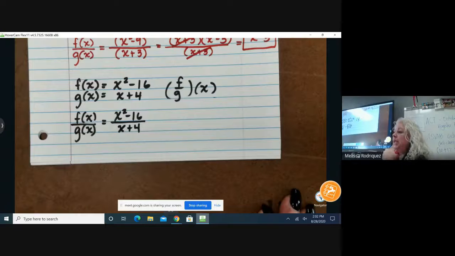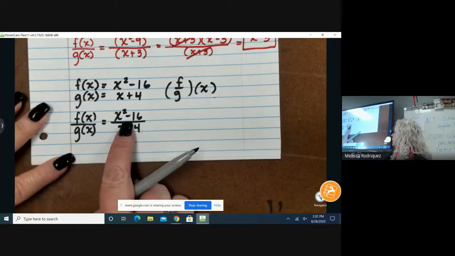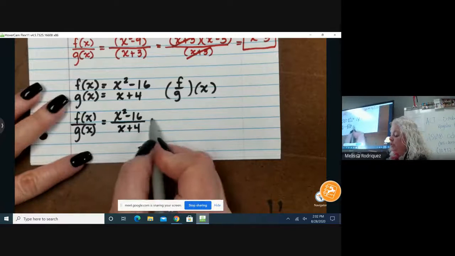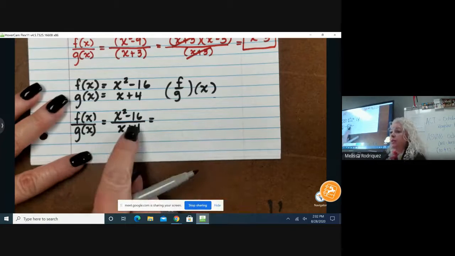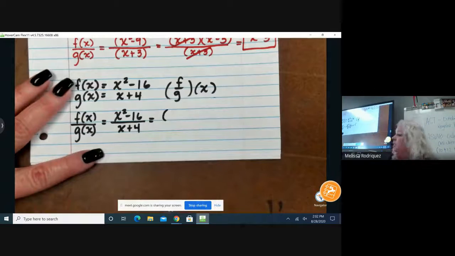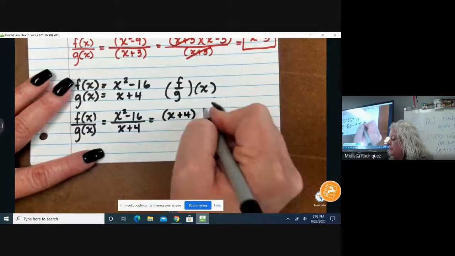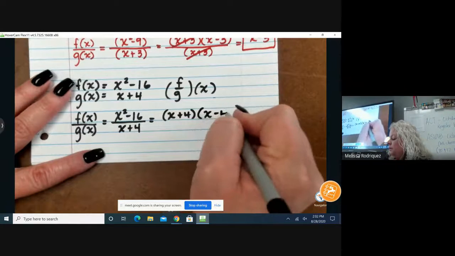Do you see what I see? Do you see this top? What do you call that? Difference of, are they two squares? Yes, they are. So what is the top going to factor into? x plus 4, x minus 4.